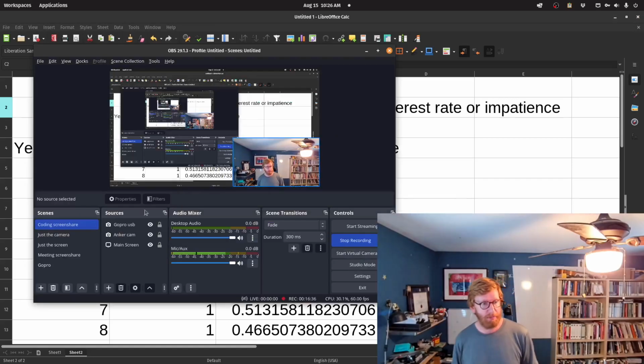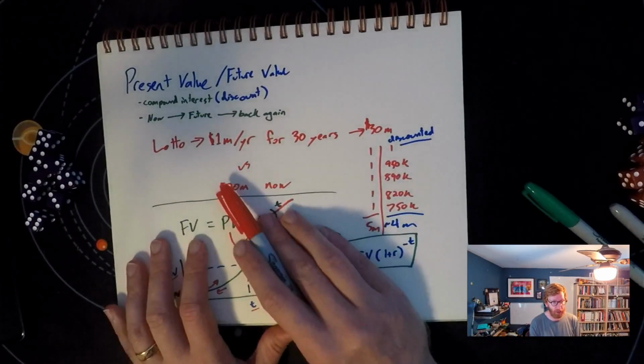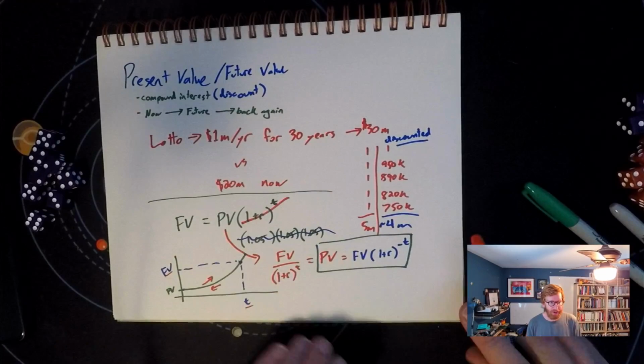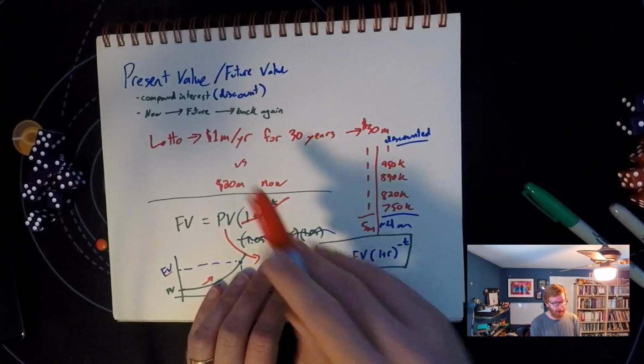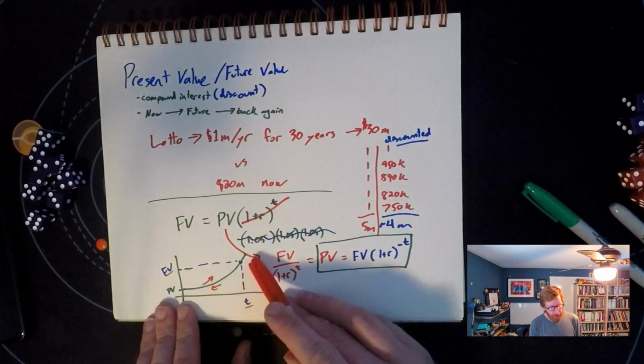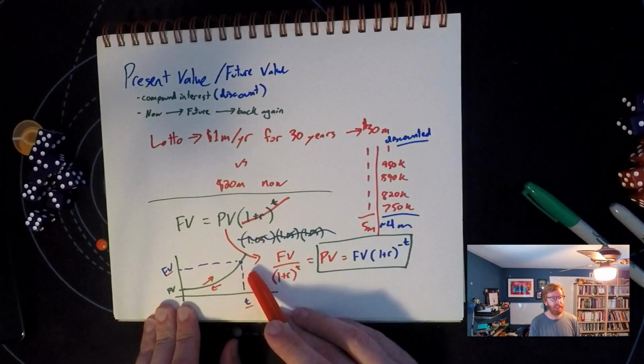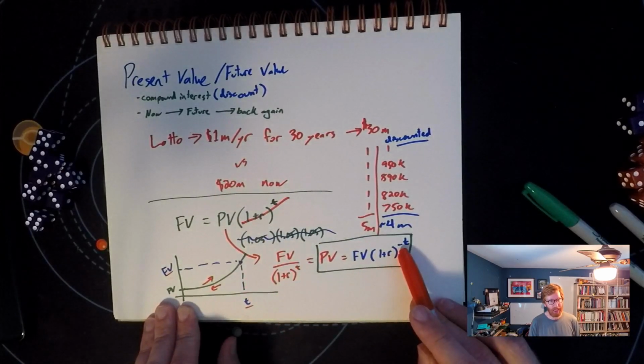All right, let me come back to the pen and paper and recap what we're dealing with. Ignore the math for a little bit. The intuition is what matters. When we go forward in time, we compound our interest. We get something that grows. When we go back in time, we can use the exact same math with a little tiny adjustment.